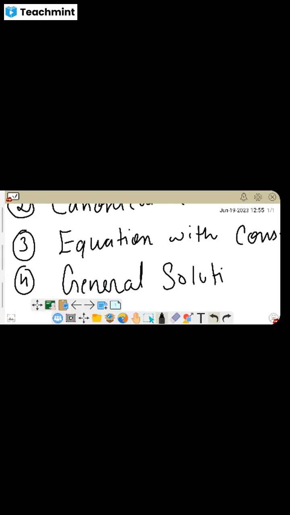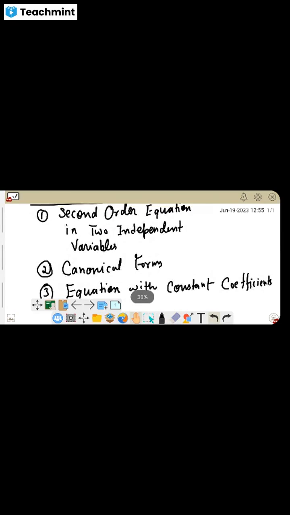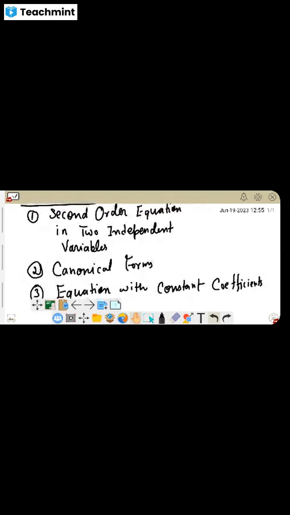So mainly we have these three types of PDE: second order equation in two independent variables, canonical form, and equation with constant coefficient. First of all, we learn this one.